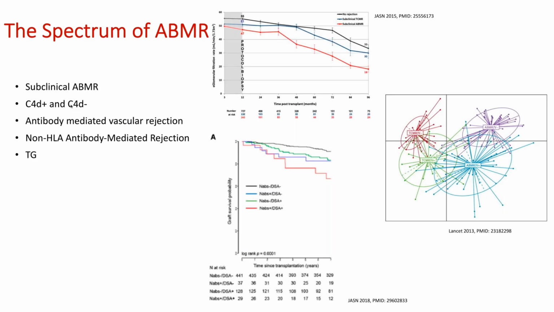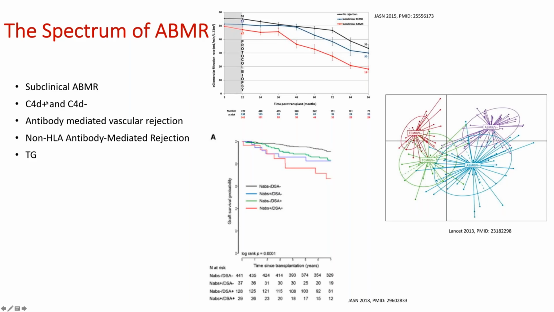No. C4D simply means that the complement component, the breakdown product of C4, which is C4D, is covalently bound to the tissue there, and it is simply not going away by the washing. But more and more, we have started appreciating that C4D negative patients also can have a chronic antibody-mediated rejection.